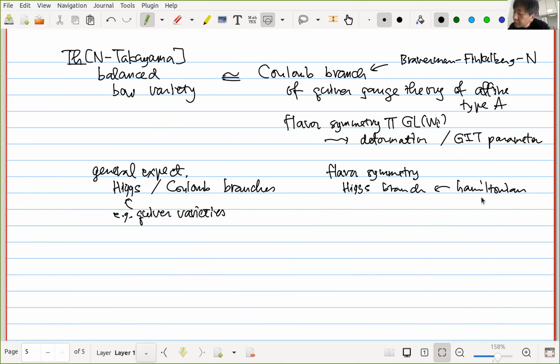So this is a Hamiltonian group action. On the other hand, on the Coulomb branch, this appears as deformation or GIT parameters. So people often say this is a mass parameter.